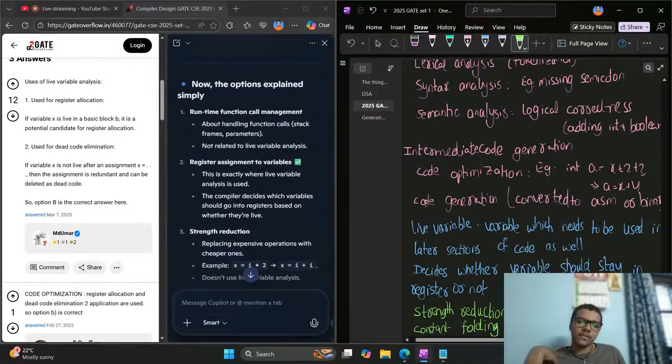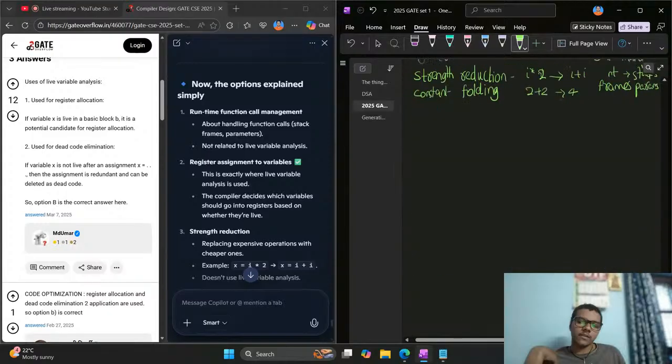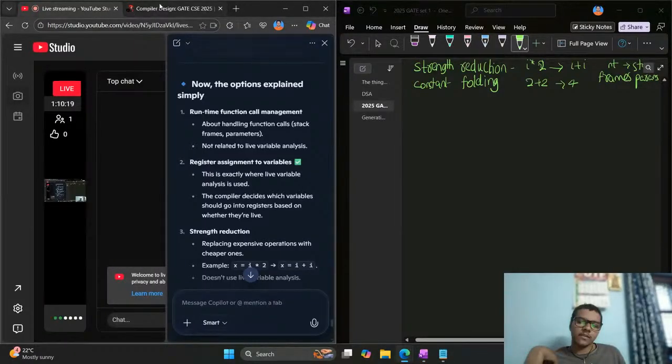And what is this one? Runtime function call management has nothing to do with variables. It has everything to do with stacks, frames, and parameters. Yeah. All right.